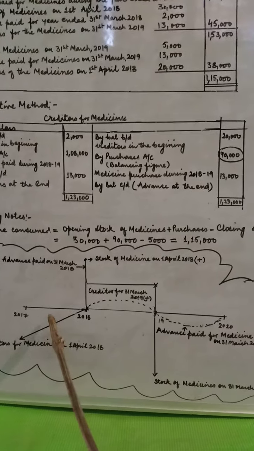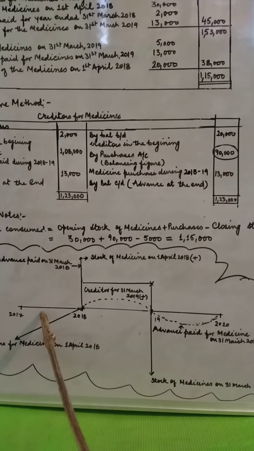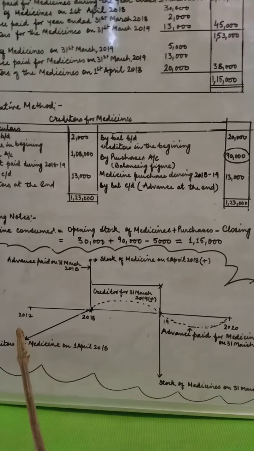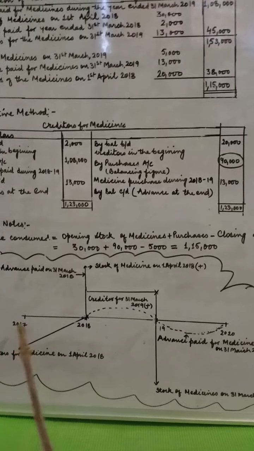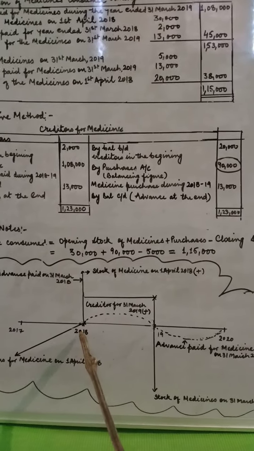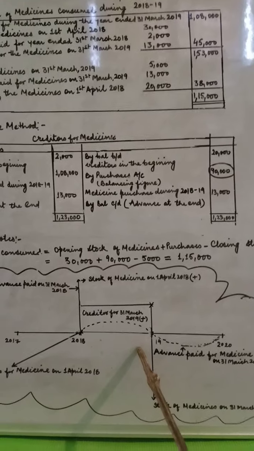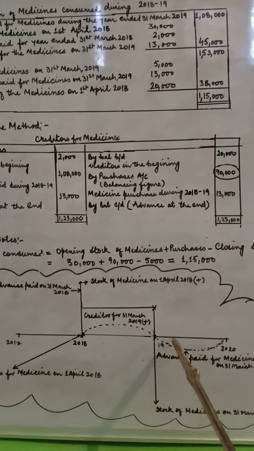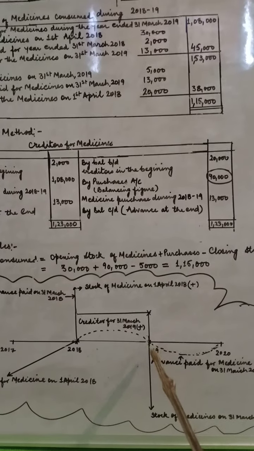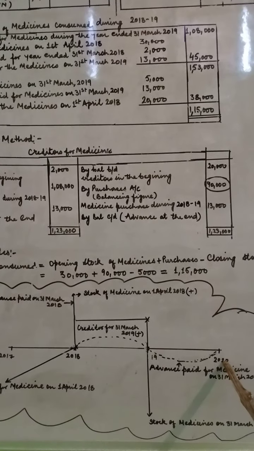I have divided this timeline into 3 years. The first year, which is the previous year, is 2017 and 2018. And the current year starts from 18 and 19, from which we need to calculate the total medicine consumed. And the coming year, that is the future year, is 2019 and 20.